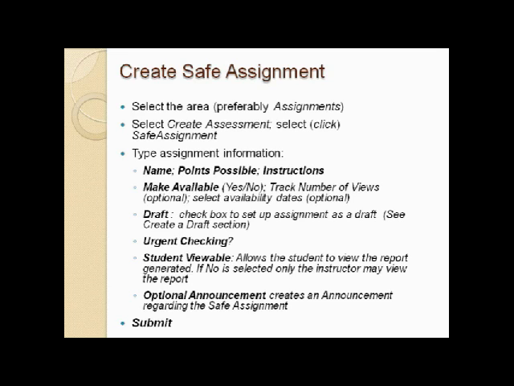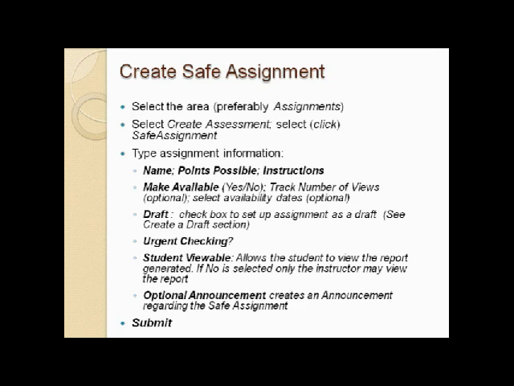Near the bottom, you'll see where it says Safe Assignment. You're going to type in the assignment information, just as you would for a normal assignment: the name of the assignment, the points possible, any instructions to the student.